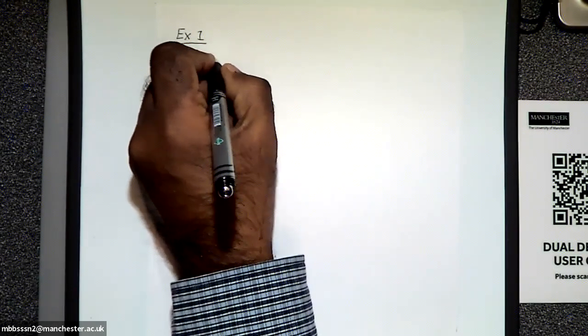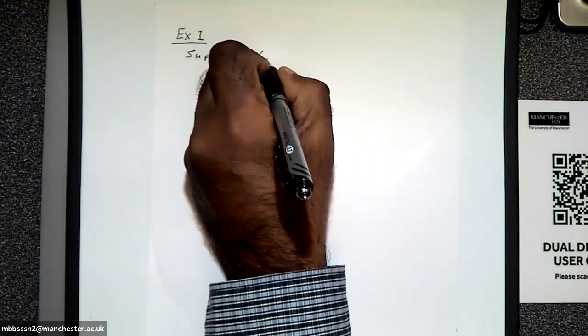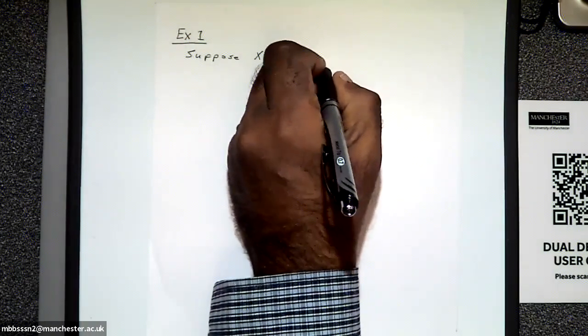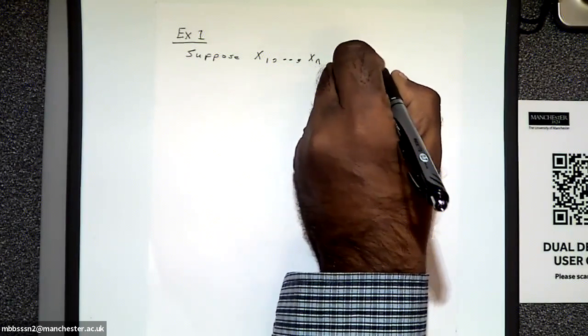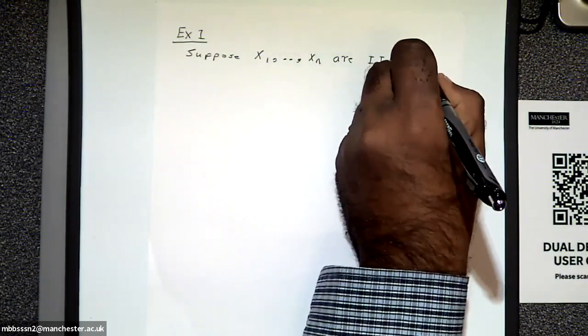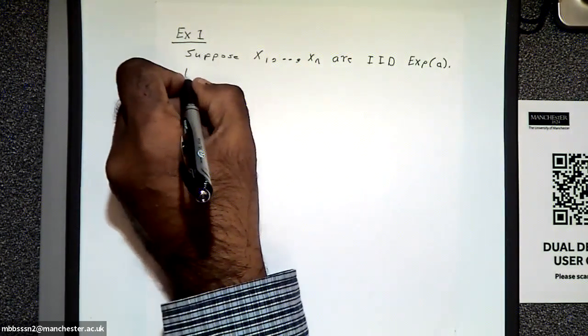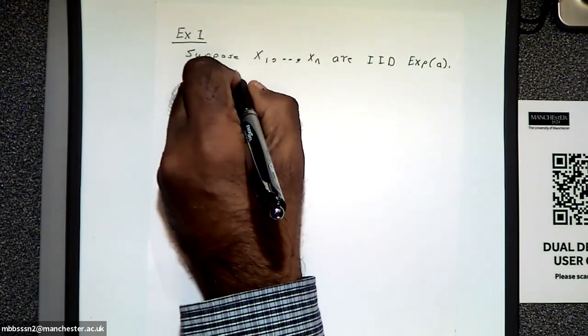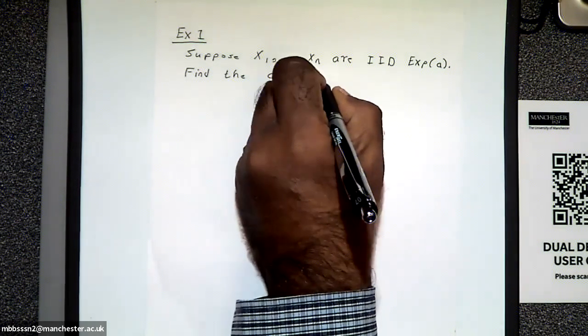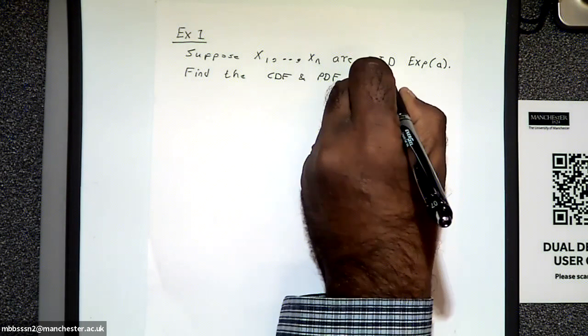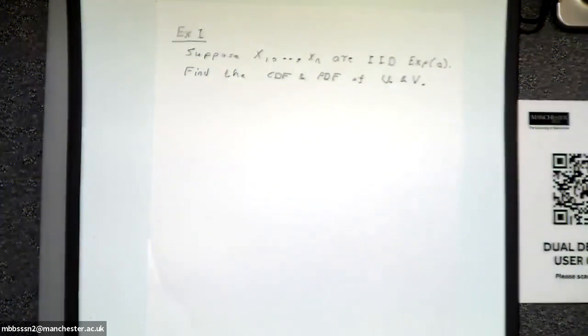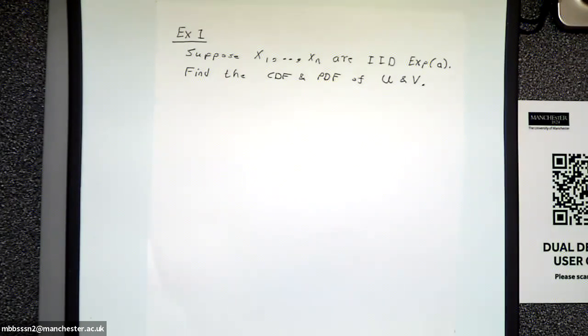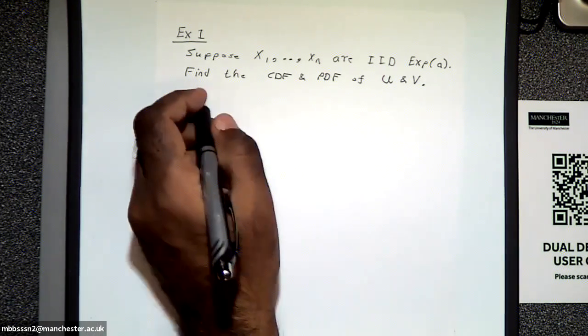So suppose you have a random sample from an exponential distribution with parameter A, and we want to find the CDF and the PDF of U and V. Remember, U represents the minimum portfolio loss and V represents the maximum portfolio loss.